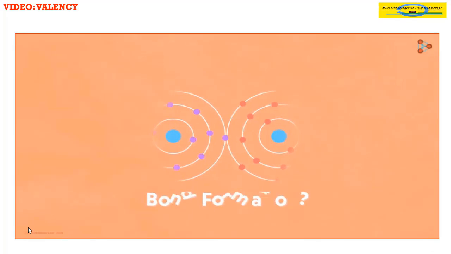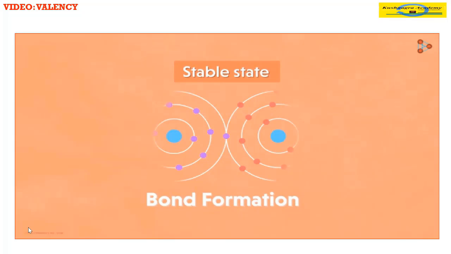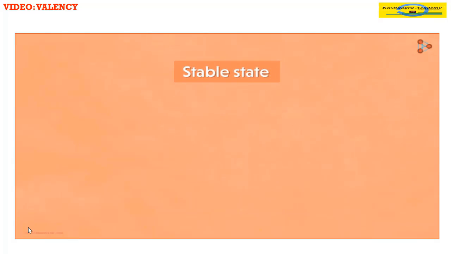Why does bond formation take place? Can you give me the answer? Yes, it takes place because atoms are always in a constant struggle to reach the stable state. And what is this stable state? If the atom has only one shell, then the stable state is achieved when 2 electrons are present in it.